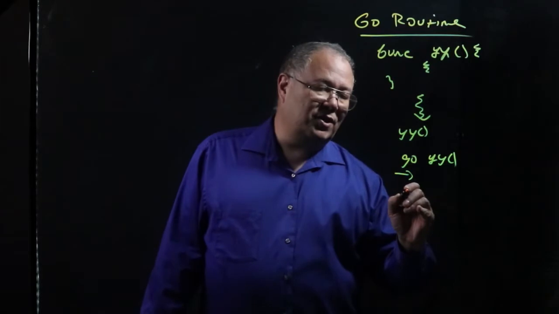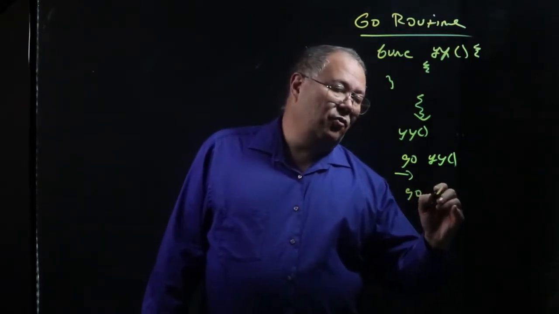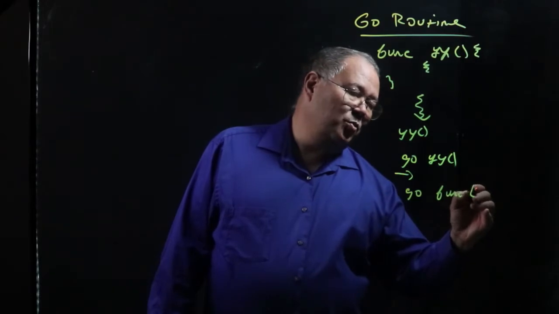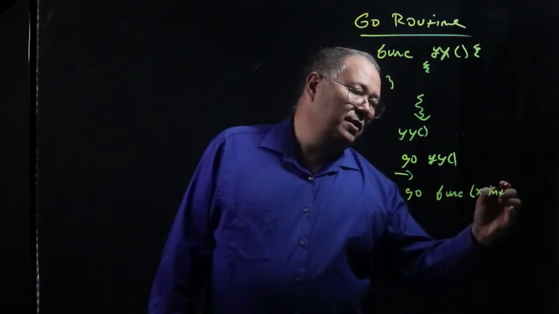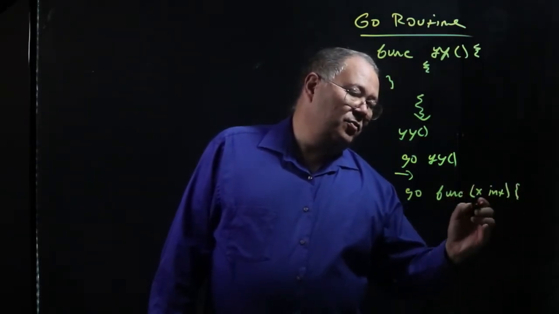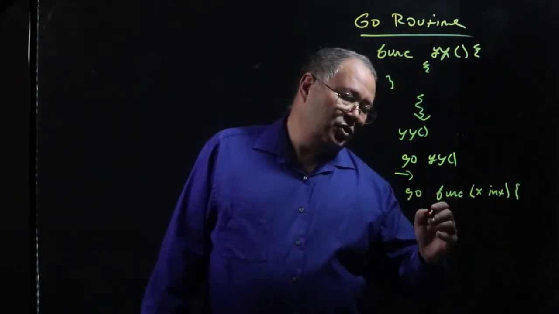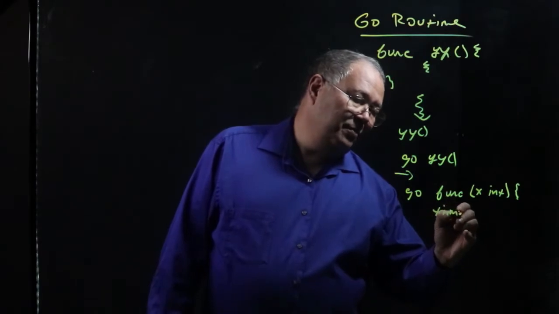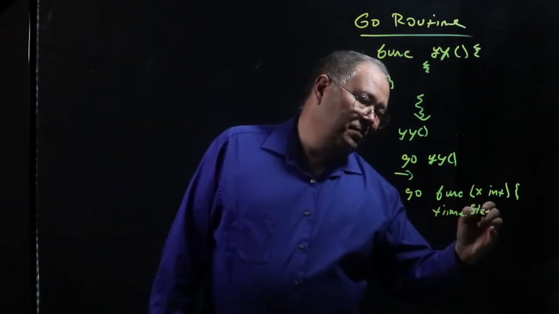You will also see this kind of syntax. Go func, and we'll say that this function has a parameter x that's an integer. And here's the body of the function. We'll just make it do something trivial, like time.Sleep.